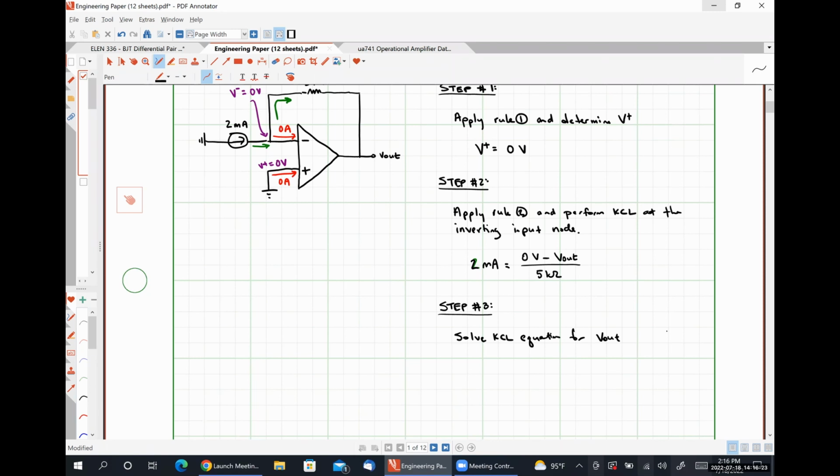So with a little bit of algebraic manipulation here, we should be able to see that V out is negative 2 milliamps times 5 kiloohms. And this gives us a value of negative 10 volts.